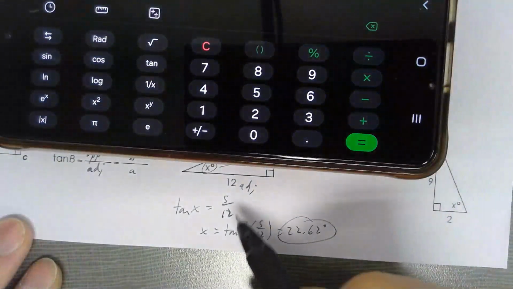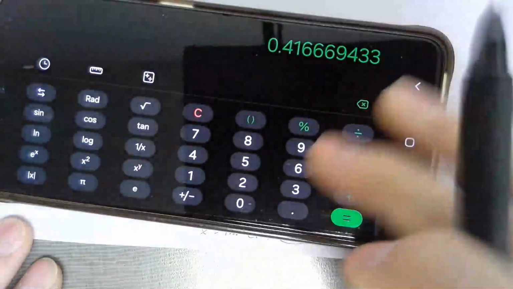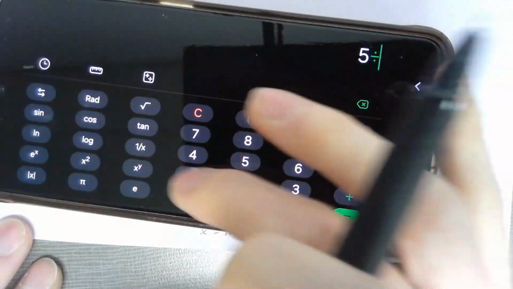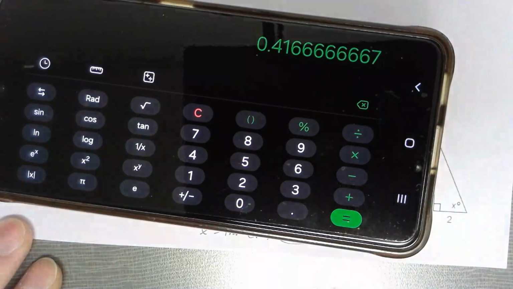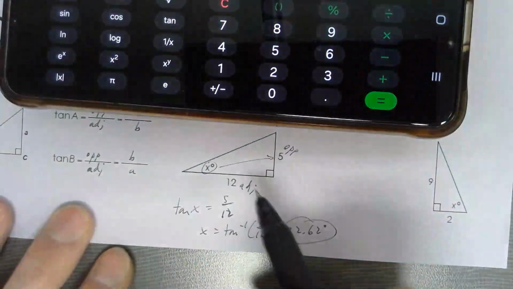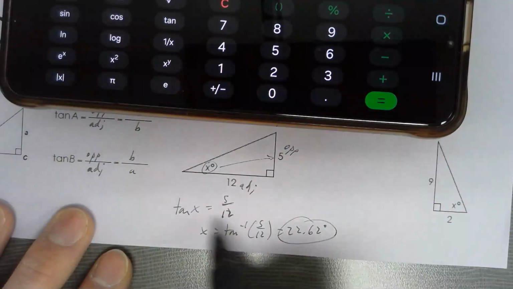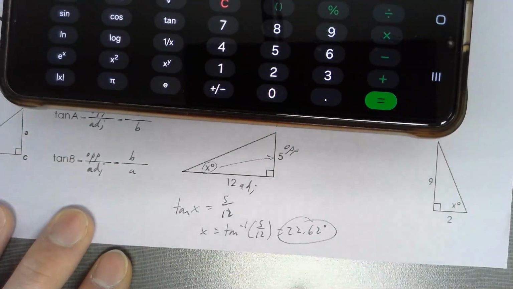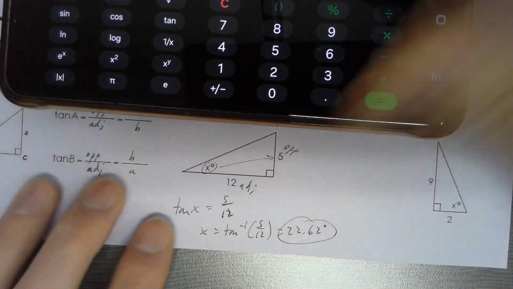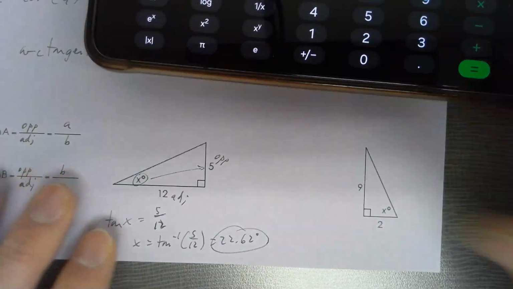And then if I divide 5 by 12, I get 0.42. So the tangent ratio gets me that ratio of those two sides, tangent ratio of that angle. And once again, we'll do that last one in class.